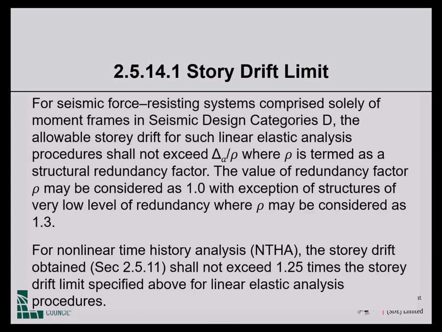I guess if you want to figure out whether your rho is 1 or 1.3, you will have to fall back on something like ASCE 7. BNBC does not give you any tool. However, if rho is 1.3, this is a very significant reduction in the interstory drift limit.